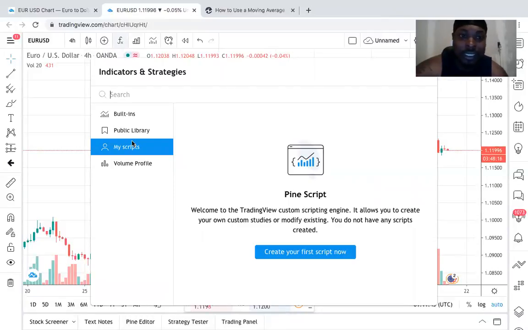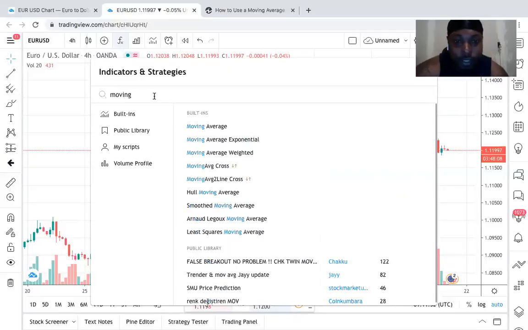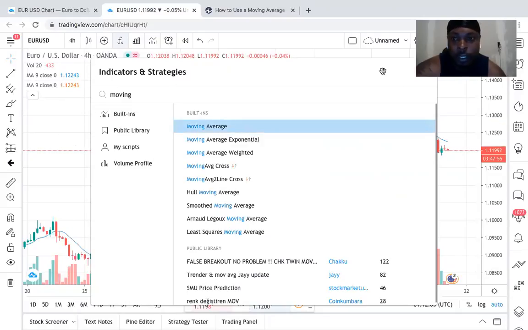It's going to be in the same spot. Also in this spot, you can utilize built-ins, and all you need to type in is moving average. We're going to talk about how to utilize it, the meanings of it, and things like that. I'm going to show you as well. I'm going to put 2 on the chart right now. Okay, I'm going to exit out of here.